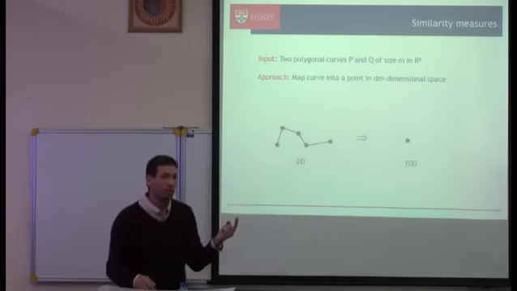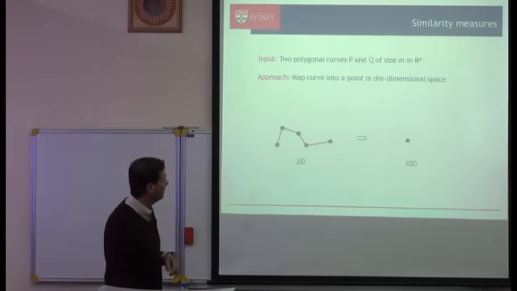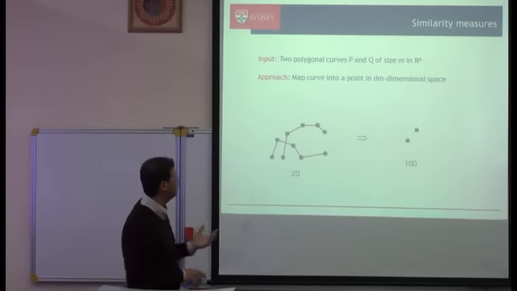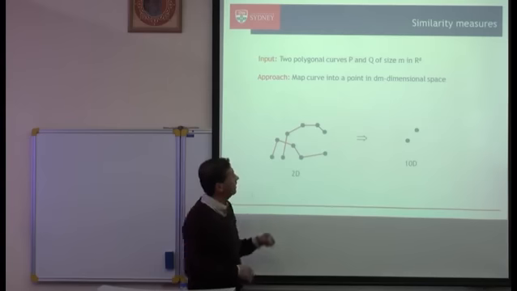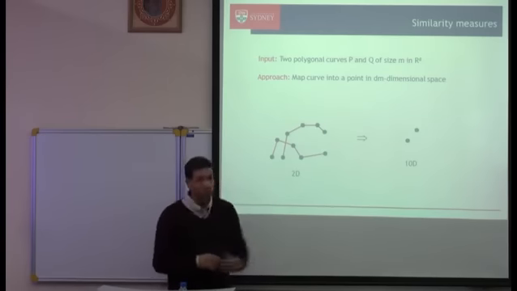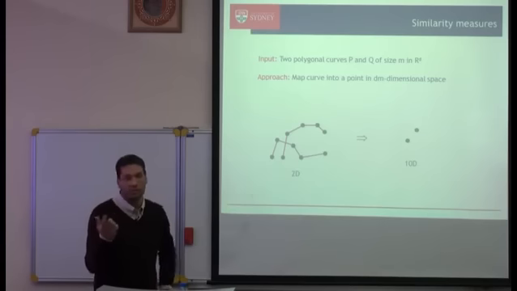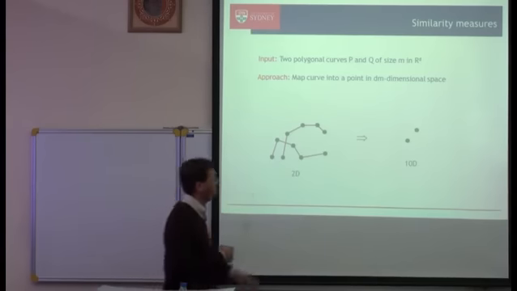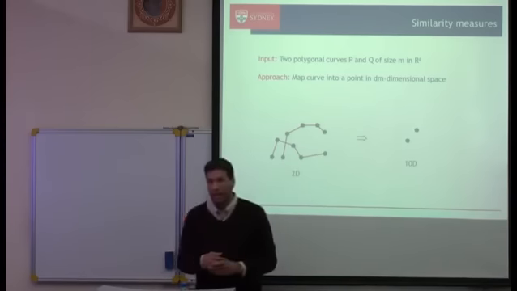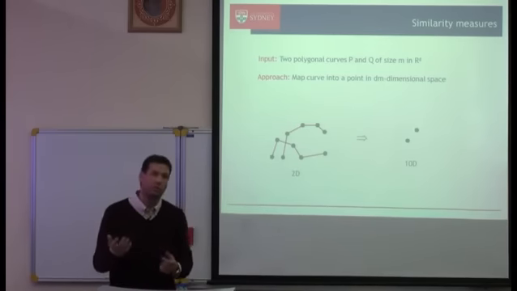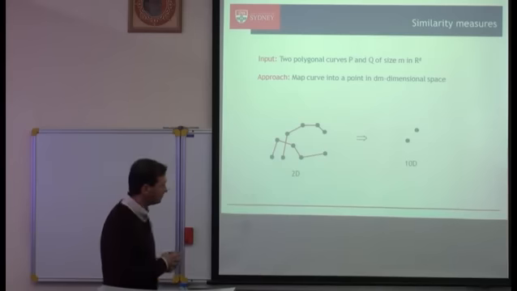It's just a point in 10-dimensional space. Now we have 2 curves, and they will both be mapped to 10-dimensional space. Then you take the Euclidean distance, for example, in 10-dimensional space. If they're close, they're similar. If they're not close, they're not similar.